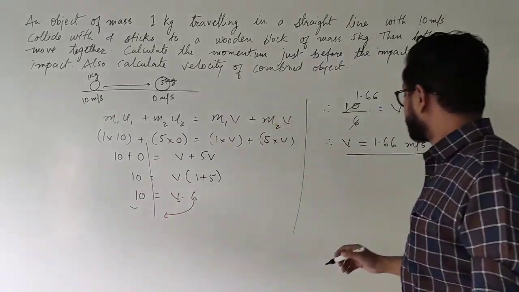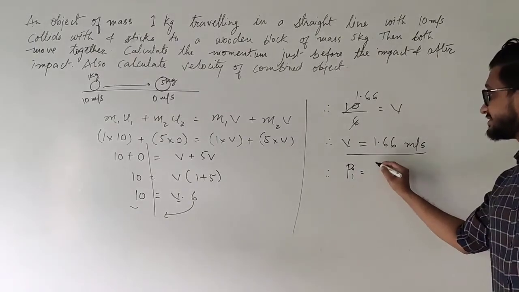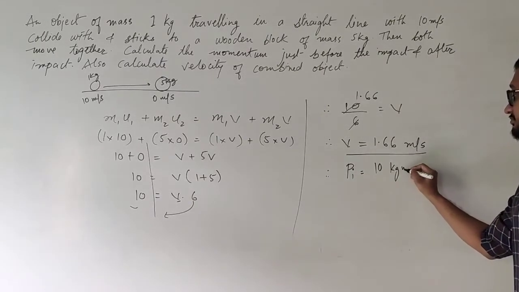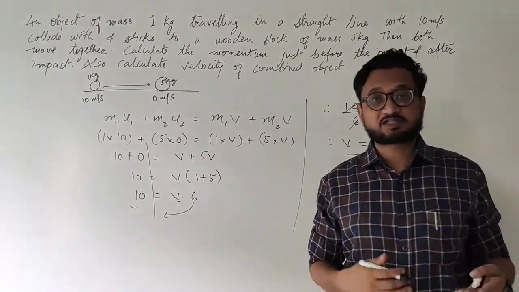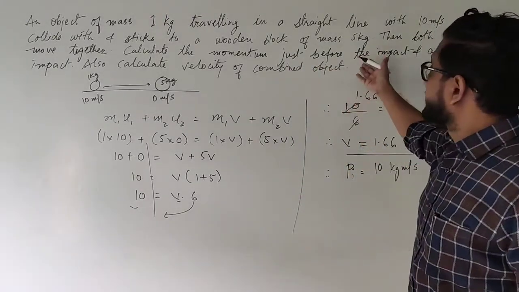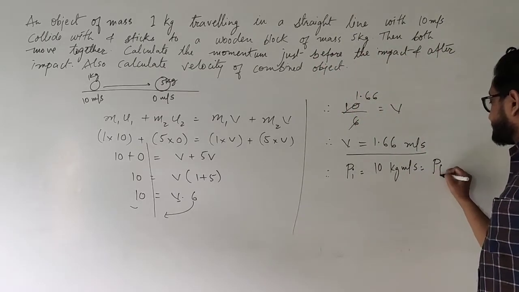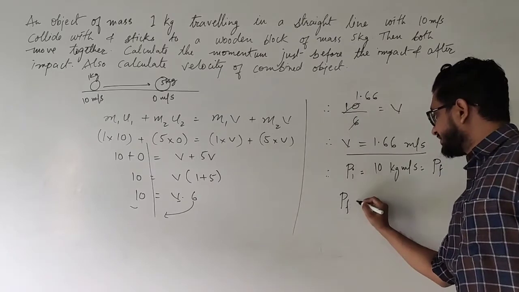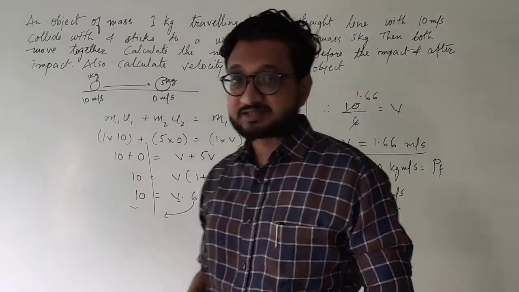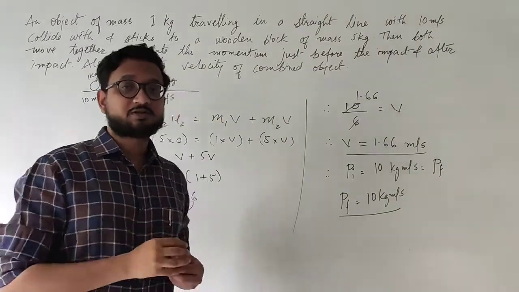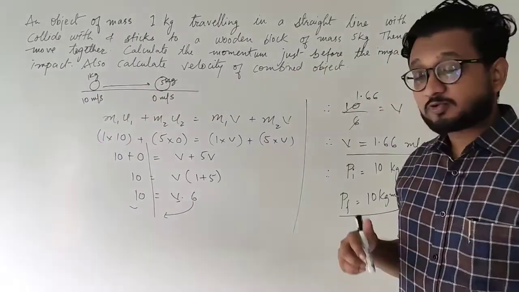So the initial momentum, P initial, is 10 kilogram meters per second. And by the law of conservation of momentum, the final momentum just after the impact is the same, that is P final is 10 kilogram meters per second. It's that simple. Okay students, I hope you have understood the numerical, and let's move on to the next one.